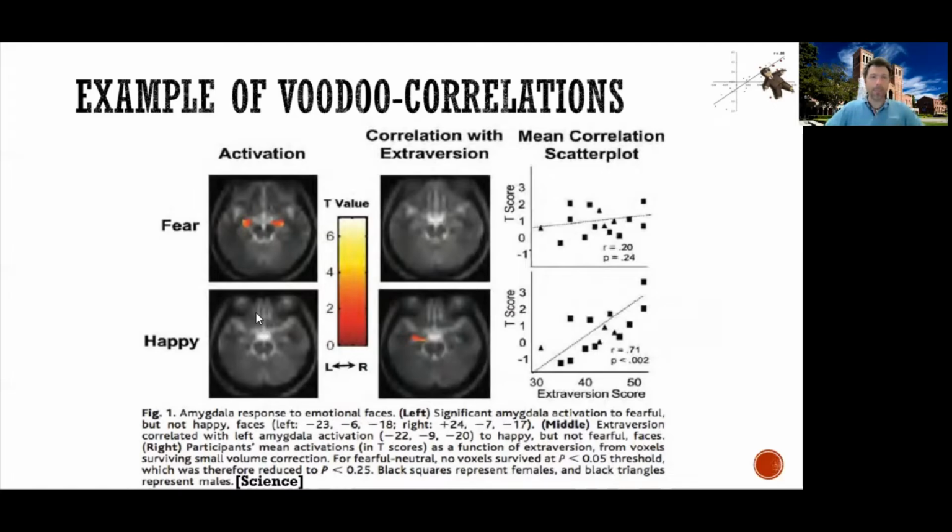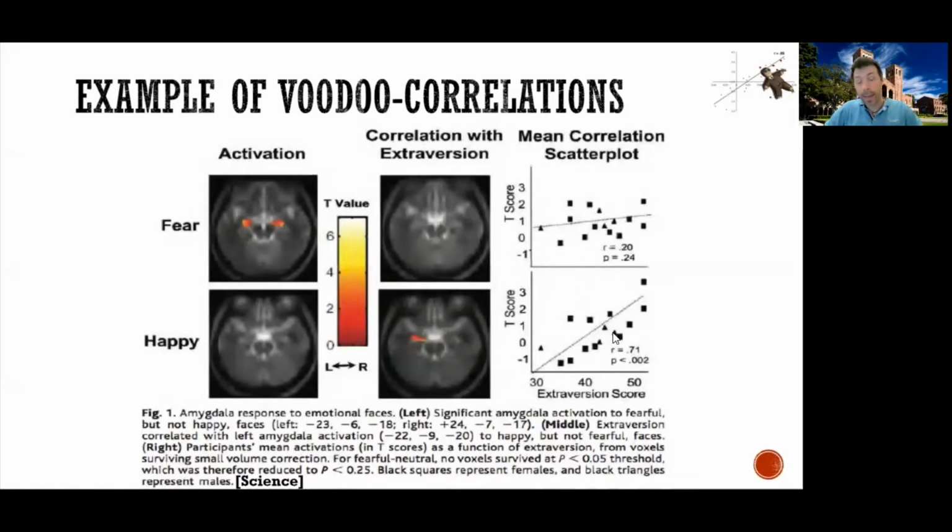And here's another example. This was one of the many so-called papers that led to the idea of voodoo correlations. The idea of voodoo correlations came out of the fact that somebody noticed, Ed Vul noticed, that there were a remarkable number of fMRI experiments that ended up showing extremely high correlations, in the range of 0.9, which doesn't happen often.